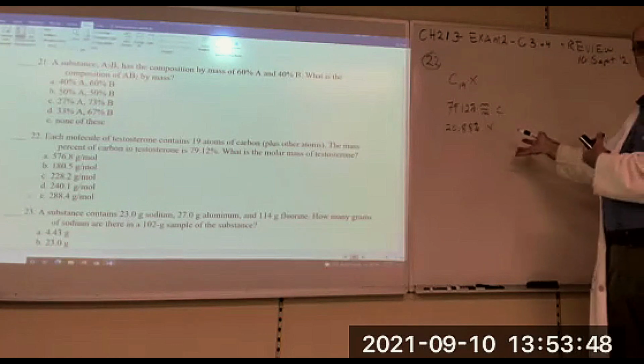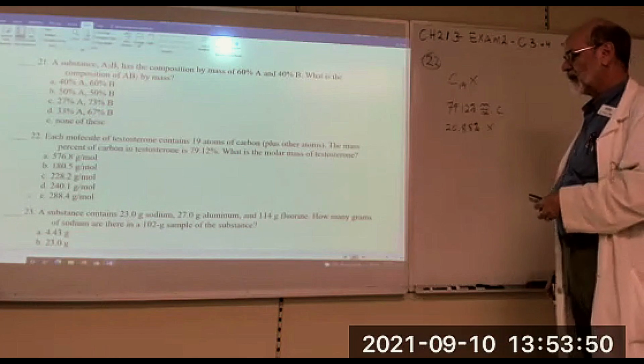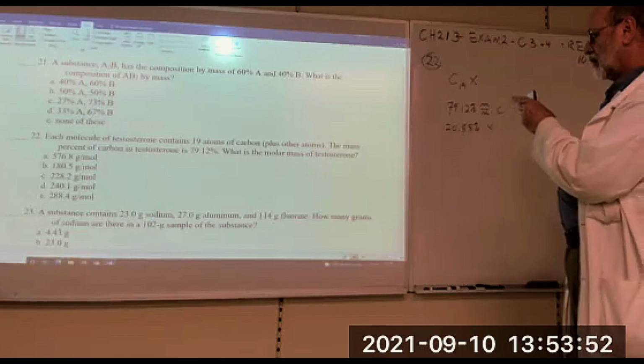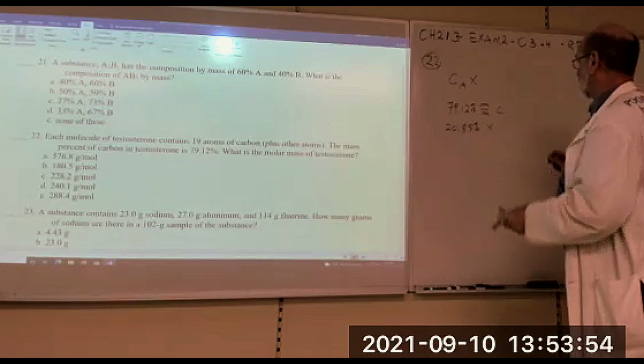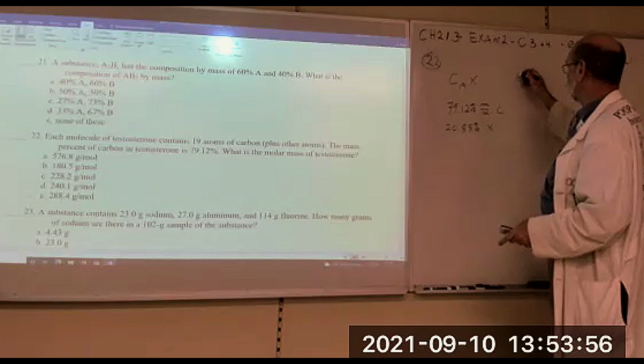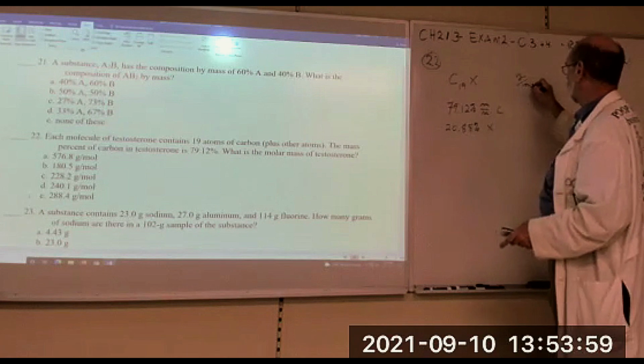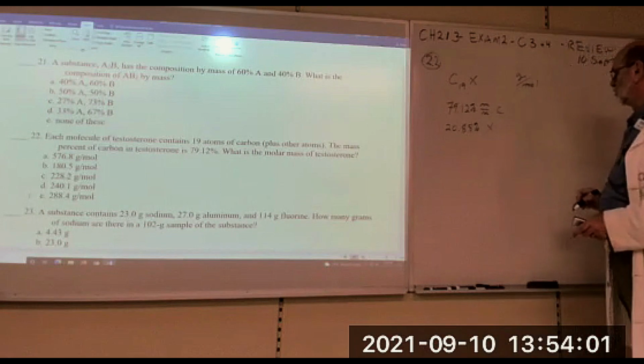Maybe we don't need that, but I'm thinking out loud. Where are we headed? Molar mass of testosterone, in grams per mole.